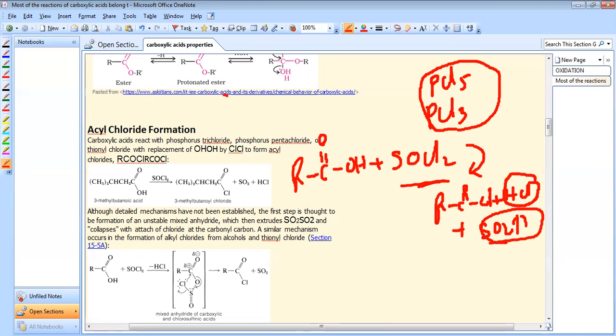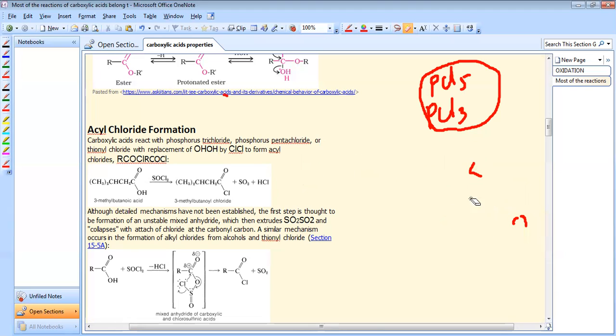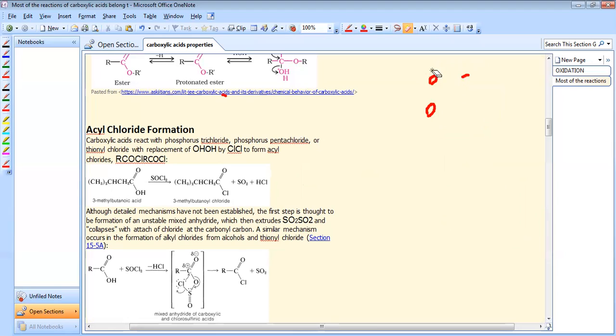So here, see, this is the mechanism. First step, this is the carbonyl carbon. I will show you the mechanism. One minute, let me resolve these things. Okay, so this is R C double bond O OH.